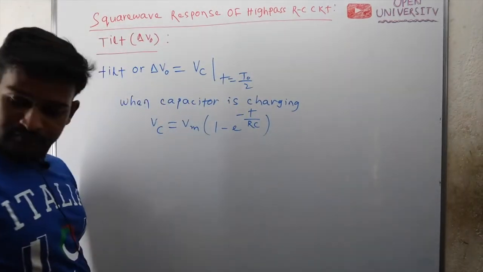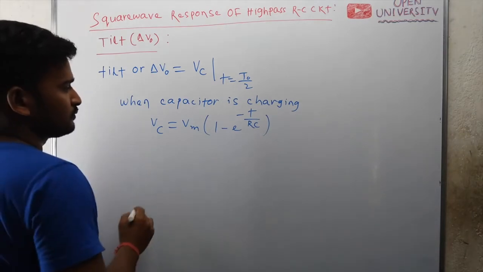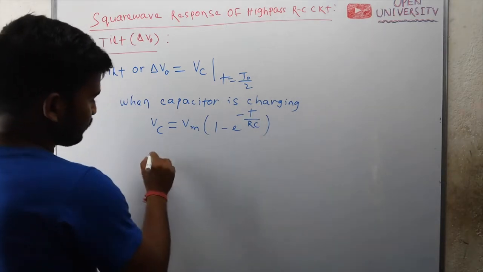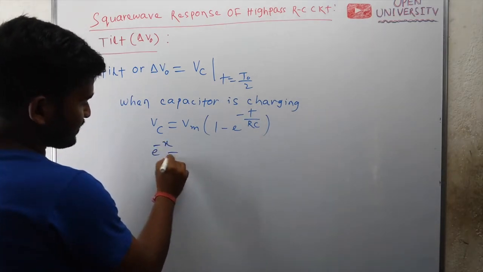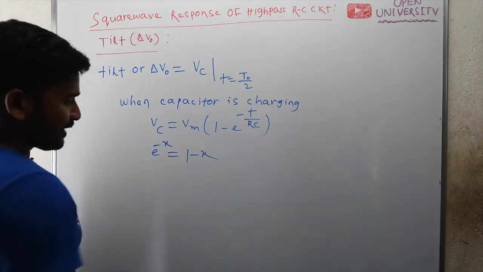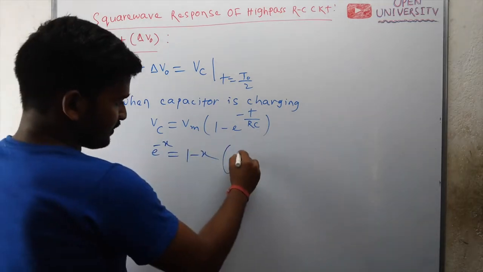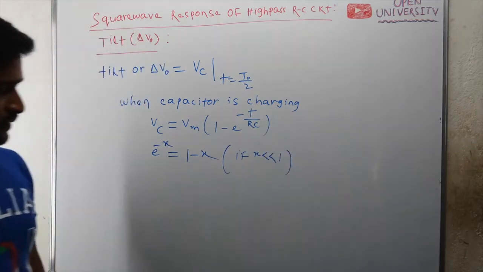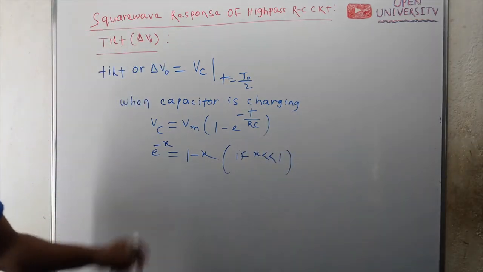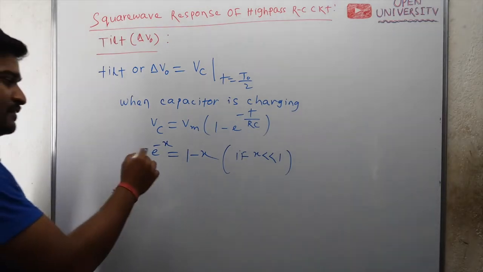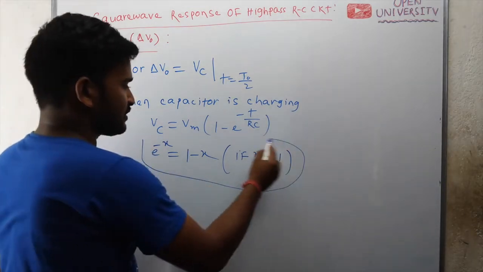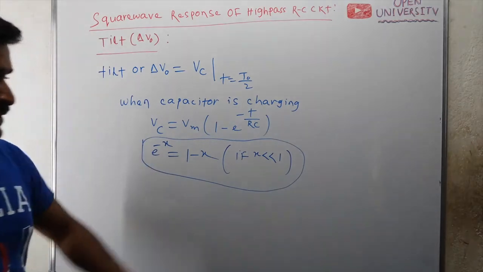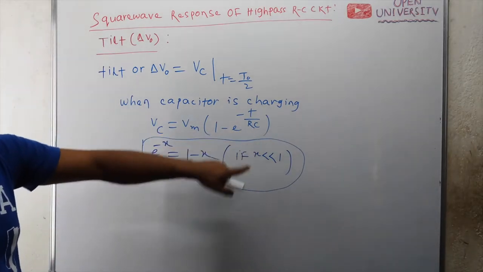See, e power minus x you can write as 1 minus x if x is much smaller than 1. We can assume this e power minus x as 1 minus x. See here RC is very high.